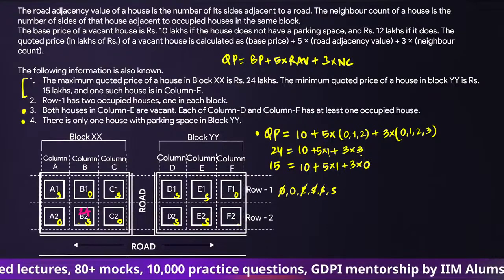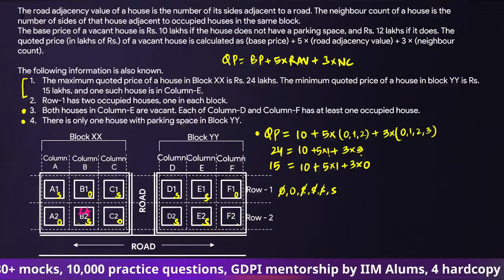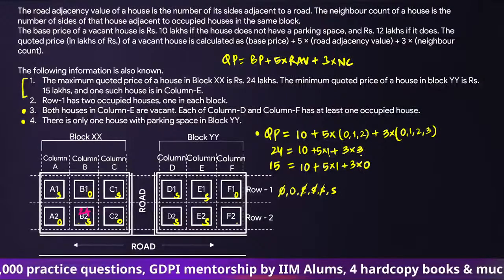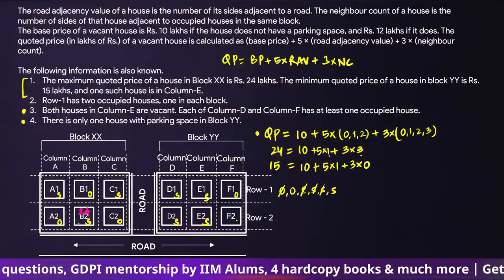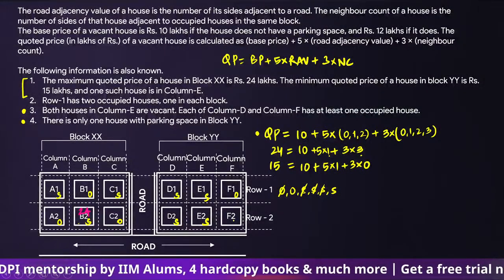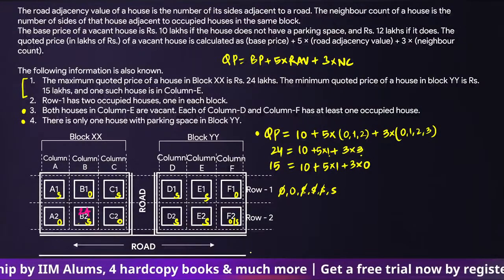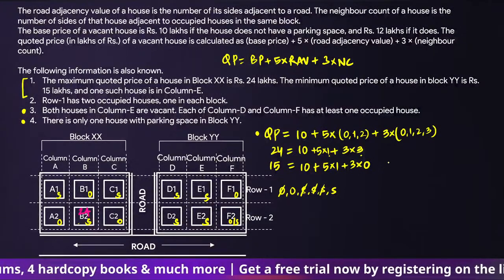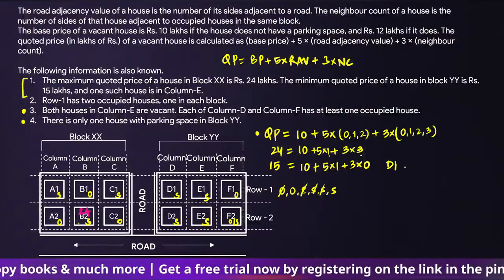right? F2 may be occupied, it may not be occupied, right? हो भी सकता है और नहीं भी हो सकता है. It may be occupied or for sale. So this is when D1 is for sale.